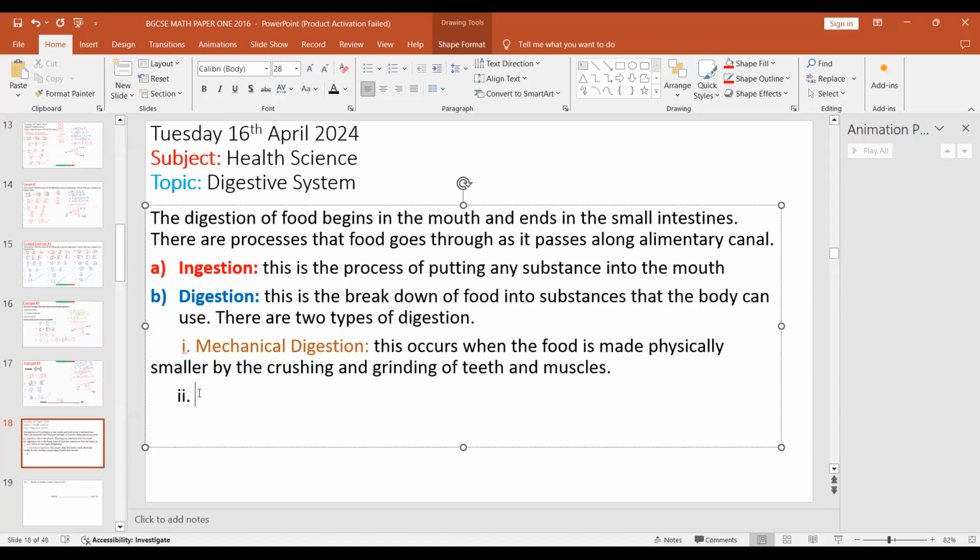So we have mechanical digestion and chemical digestion.